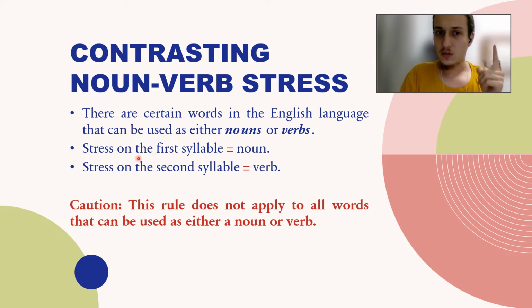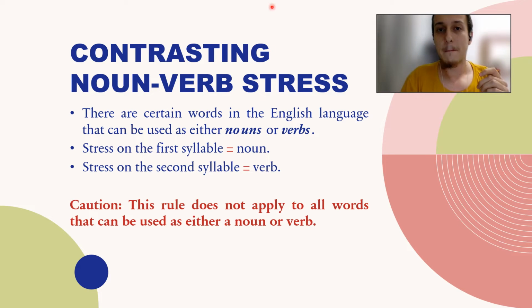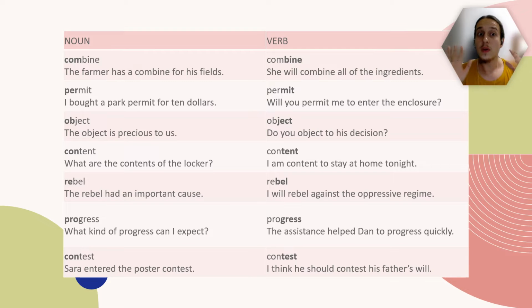Remember, a stress on the first syllable is a noun, is an object, is a name of something. And the stress on the second syllable, it's a verb, it's an action. Pay attention to these examples, and if you want to review this part of the video, you can re-watch this explanation, this slide. So here we have some examples.